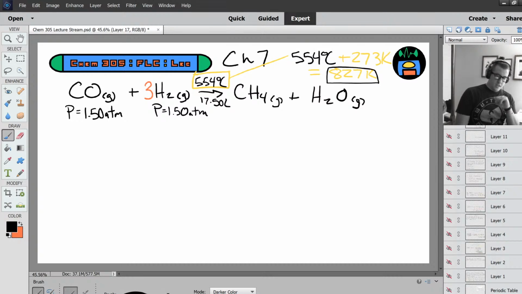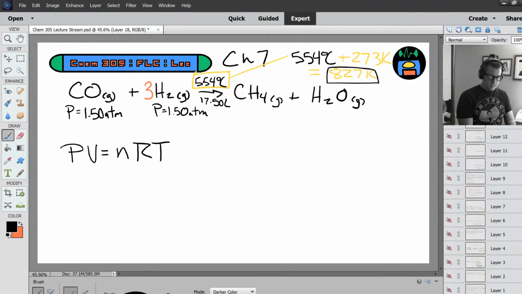All right. Now, you'll notice that we're given a bunch of gas stuff. And when you look at the ideal gas law, PV equals nRT, for both carbon monoxide and hydrogen, we're given our temperature, our volume, and our pressure.